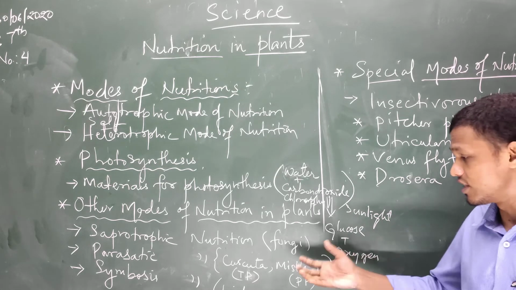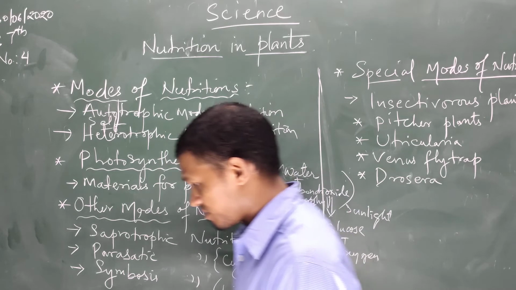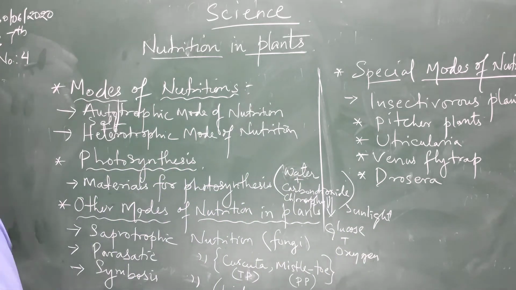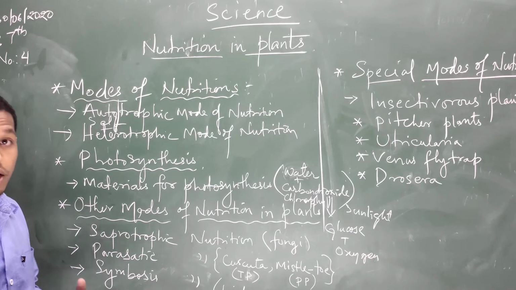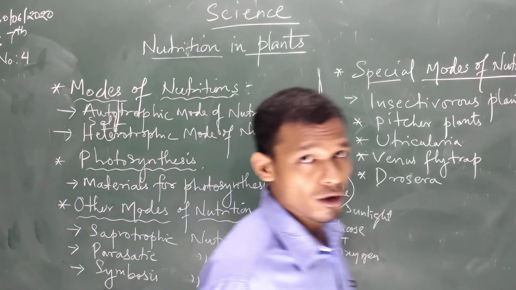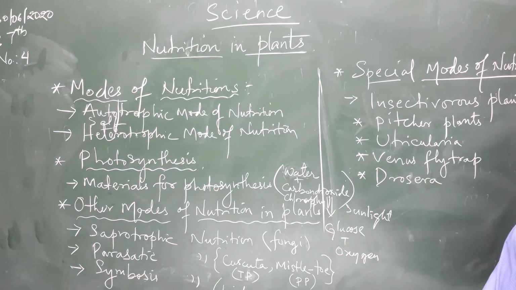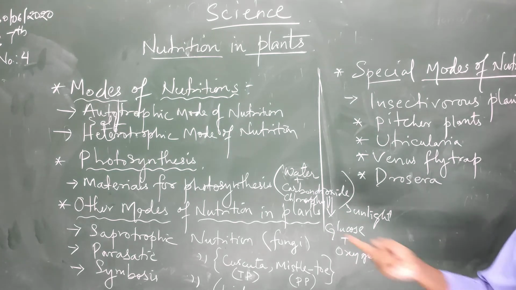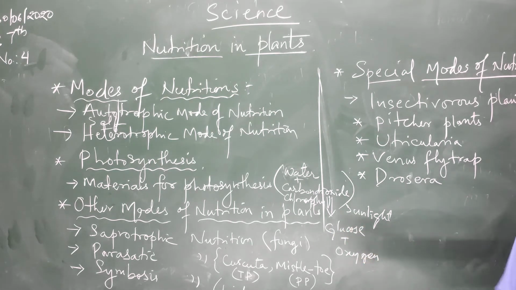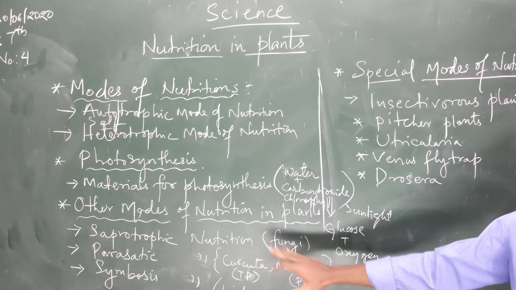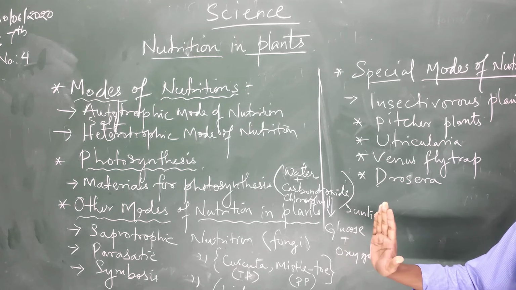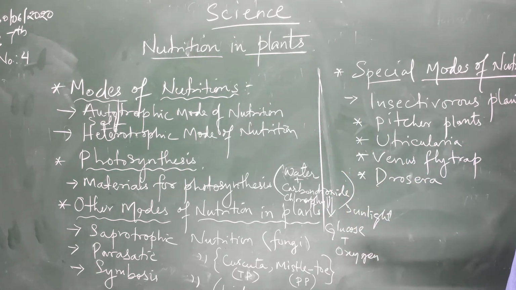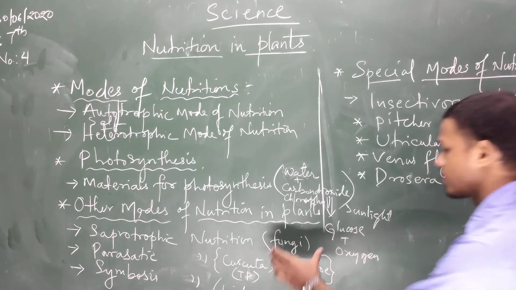This fungi will secrete some juice that dissolves the surface of the object and forms a solution. This solution is taken in as nutrition by the fungi. Fungi is a heterotrophic mode of nutrition. All this is without the presence of chlorophyll. Fungi is the best example we can say.